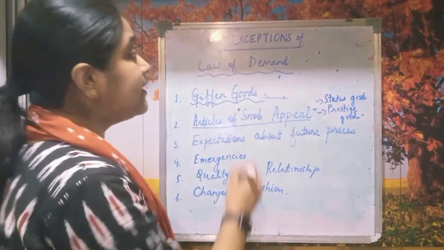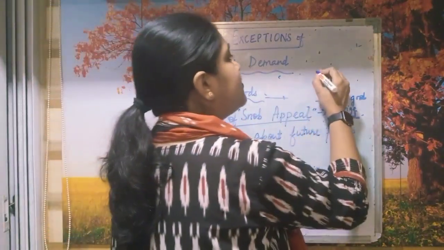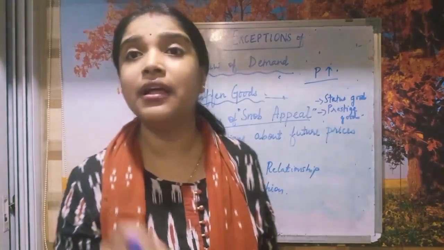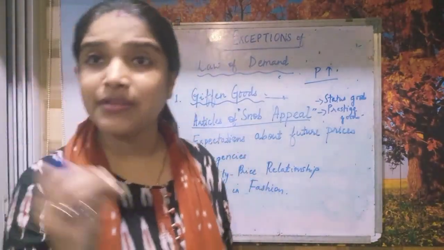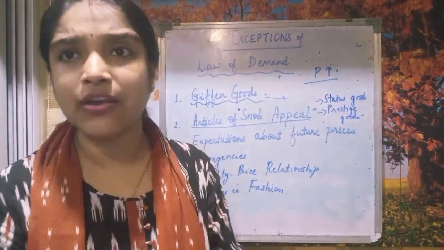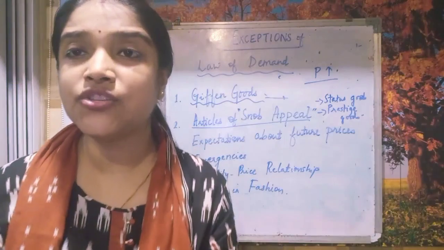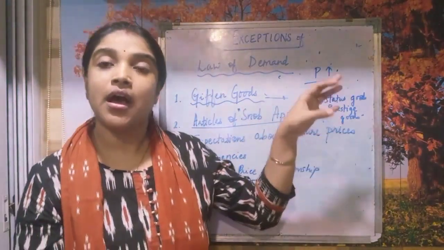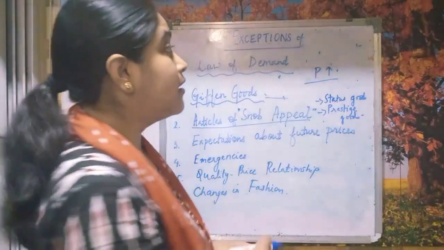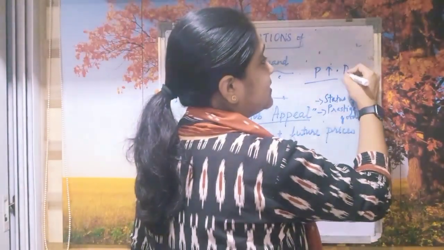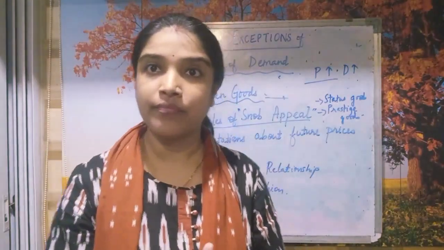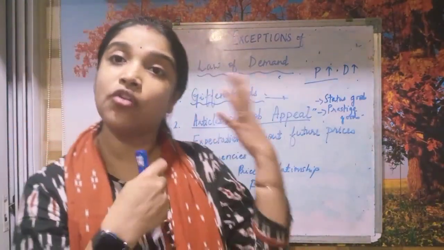So in such kinds of goods, even if the price of the product is very high, like for example a Lamborghini car or a Mercedes Benz car, it is very costly, it is not within the reach of the common man. But even though such goods are pricey, the demand is rising for the consumers who can afford such commodities. They will not look at the price.